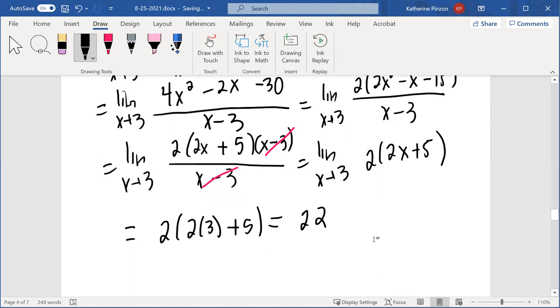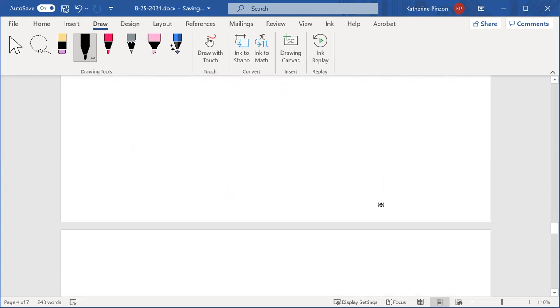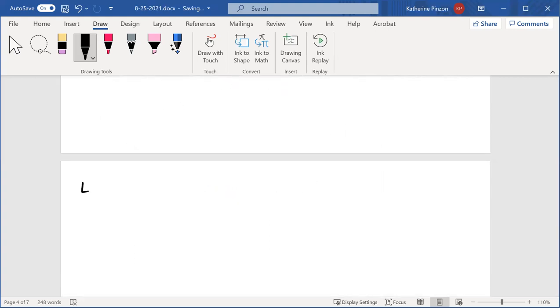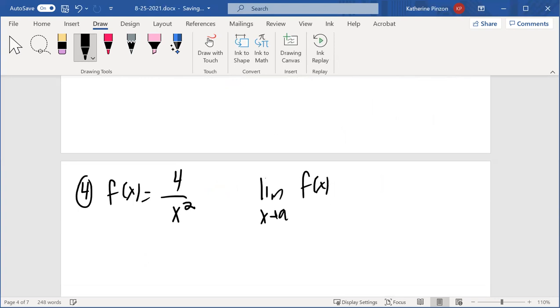Okay, number 4. 4 gives me this function. And it wants me to use this definition. This one's hard. This is like the one we did at the start of class, right? And it wants me to do it at a equals 3.